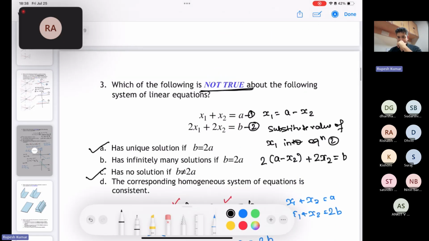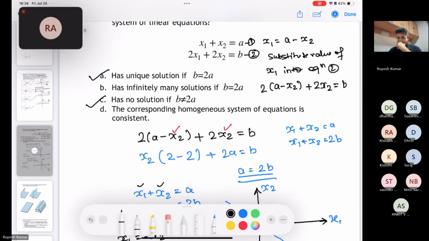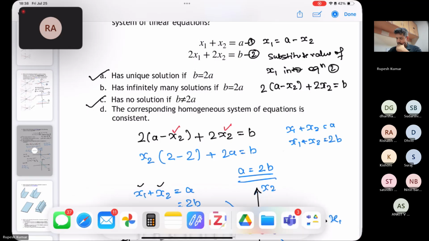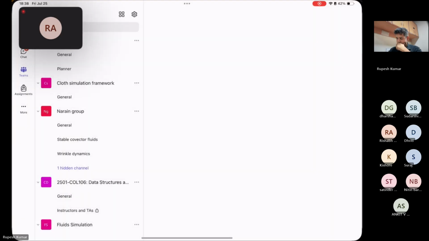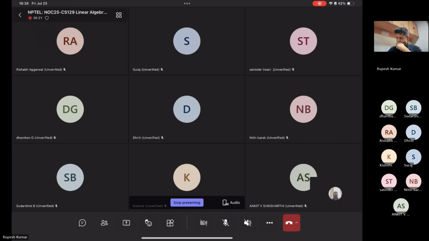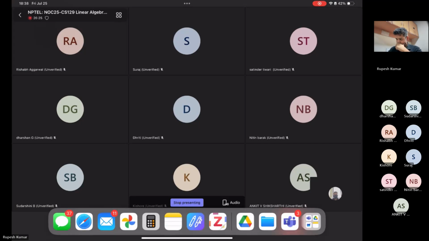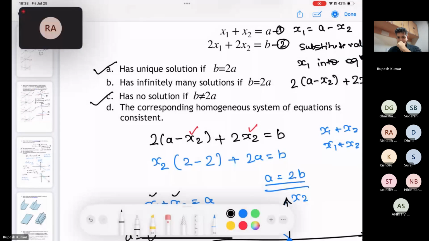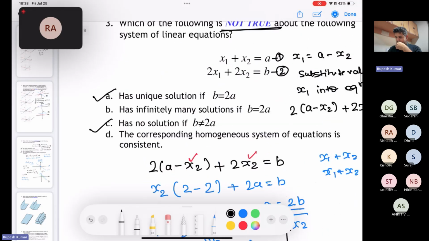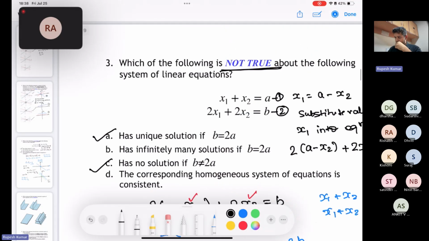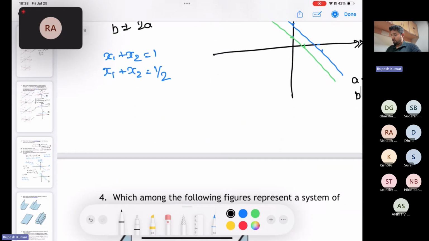This problem 3, right? So yeah, okay, fine. So let's do this your way.